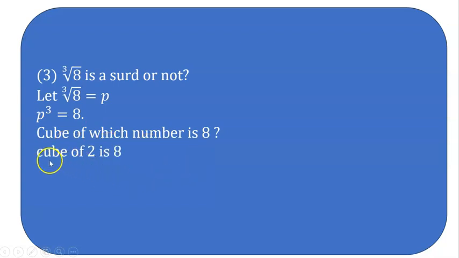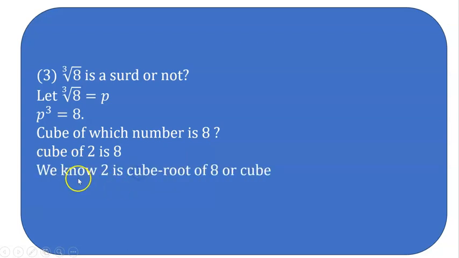That is, the cube of 2 is 8. We know 2 is the cube root of 8 or cube of 2 is 8. Therefore, cube root of 8 is not a surd. If you find the cube root of 8, that is equal to 2 and 2 is a rational number and hence this is not a surd.